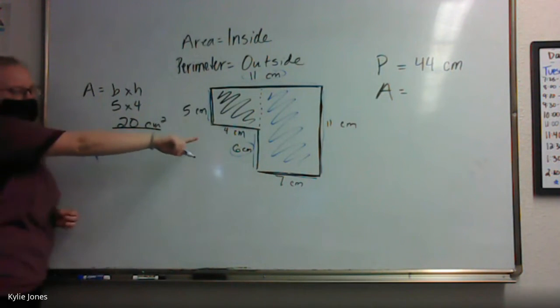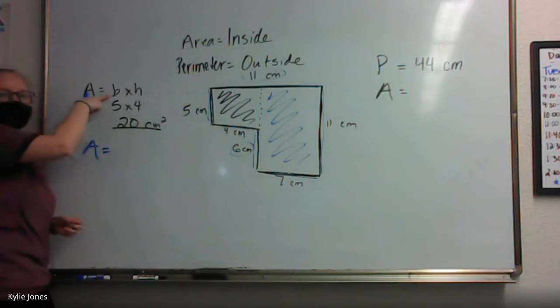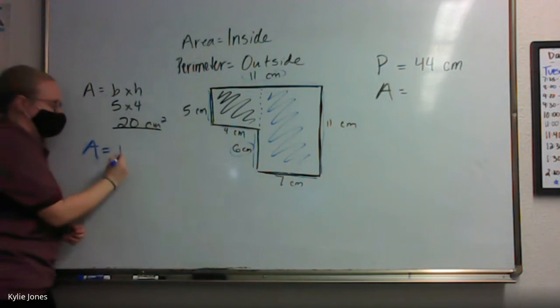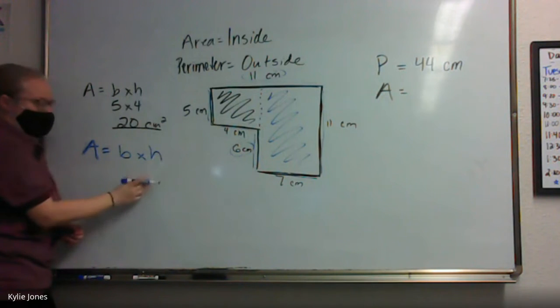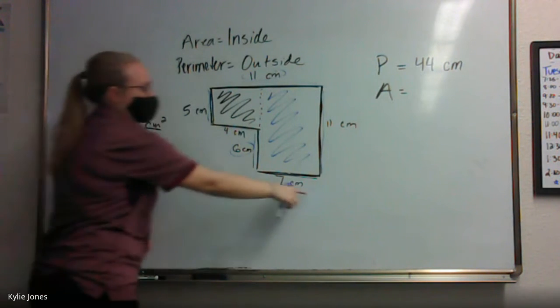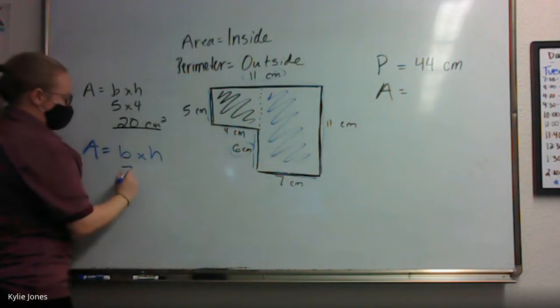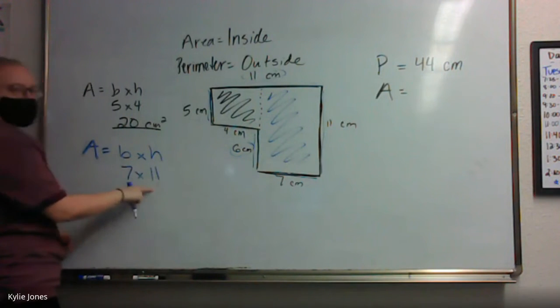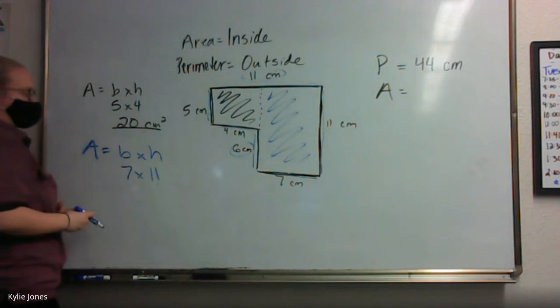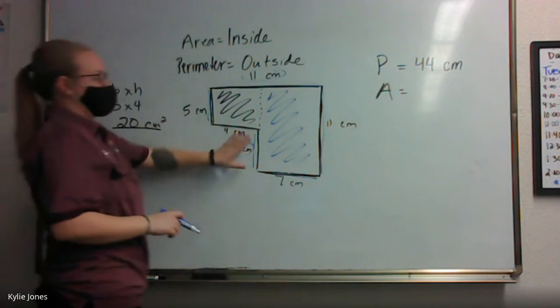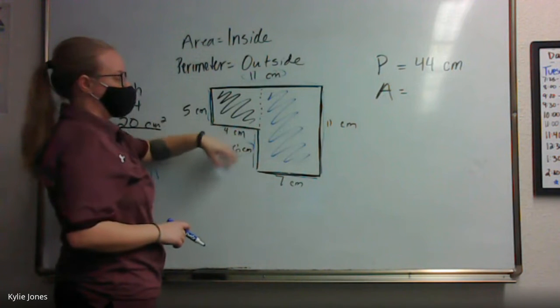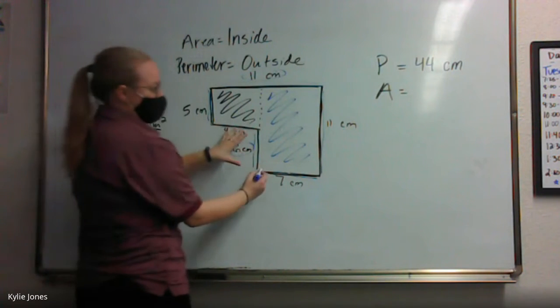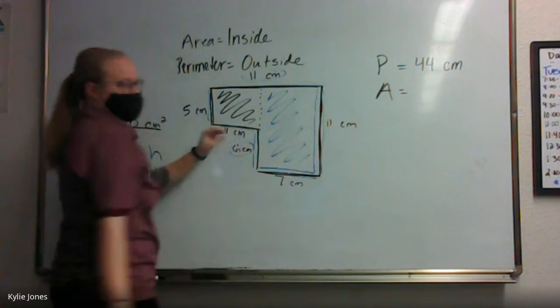Now, again, we have another rectangle. So what's the formula for my rectangle? Base times height again. What's the base and the height of the blue rectangle? 7 times 11. Don't forget to add the 6 though. Why the 6? It's just kind of an extra measurement here, because we only need the base and the height of the rectangle.